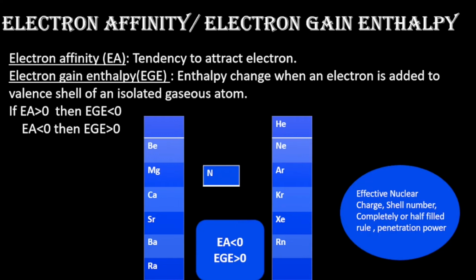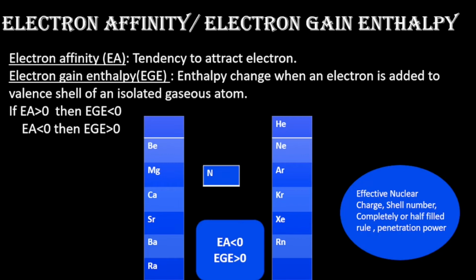This means that if an element atom wants to get electron, attracts electron, then there will be release of energy in that process. So energy will release, and you know whenever energy is released, it is always taken as negative. So whenever it is said that electron gain enthalpy is negative, it means that element has the tendency to accept electron.